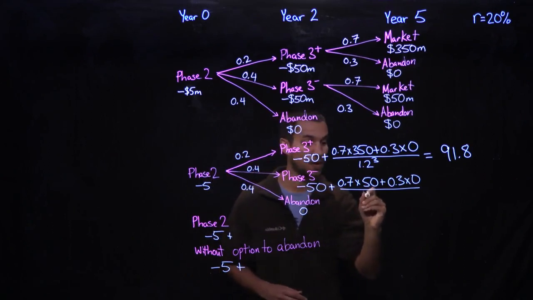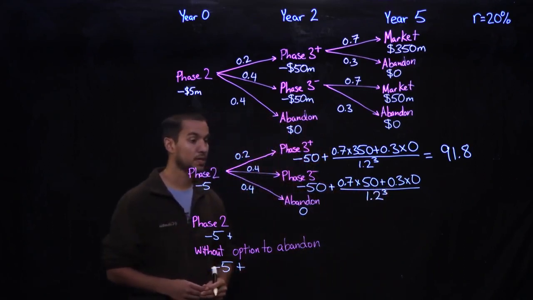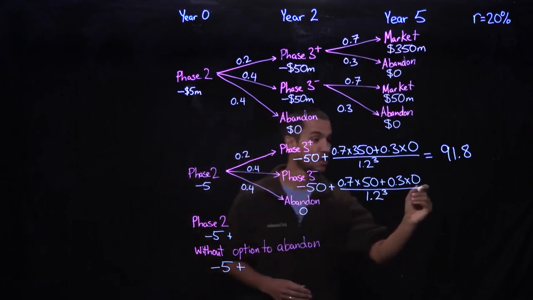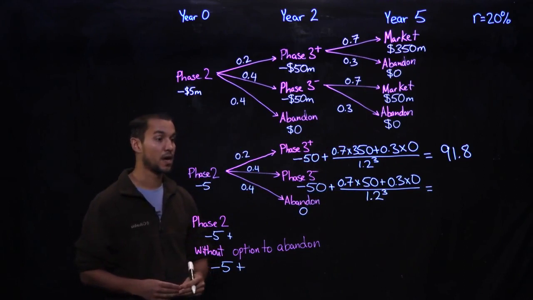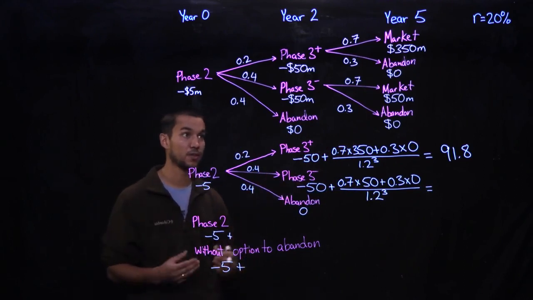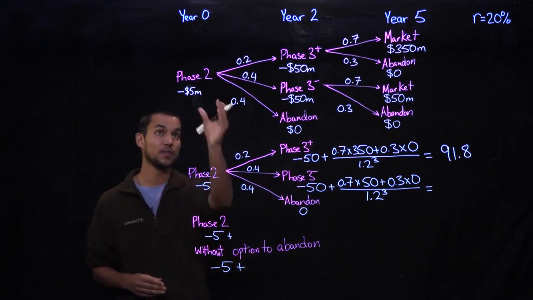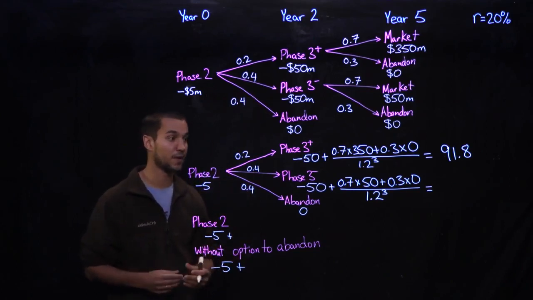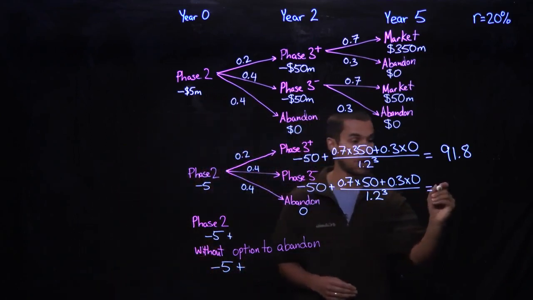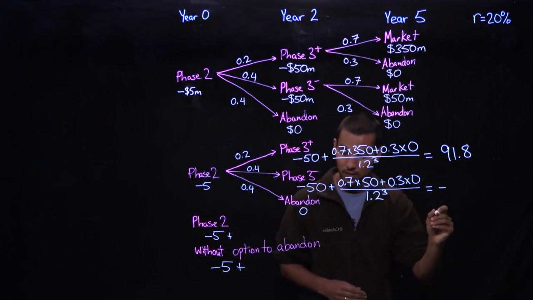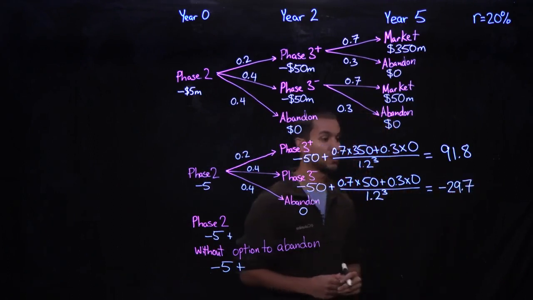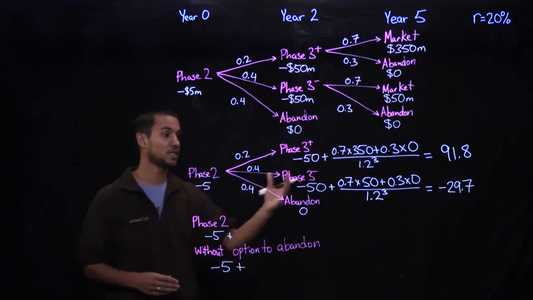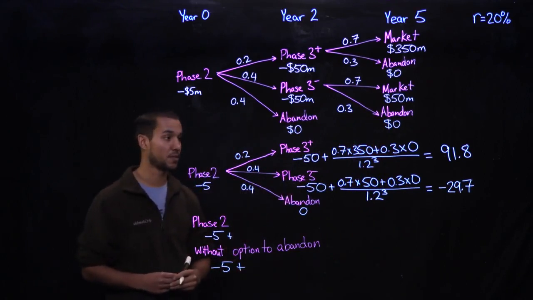And so we divide by 1.2 to the 3. Now, when we evaluate this expression, we see that the expected or risk-adjusted NPV of choosing to go ahead with this phase 3 clinical trial, even though this therapy only showed a mild effect, is equal to minus $29.7 million. And so we see that this is actually a negative NPV proposition.